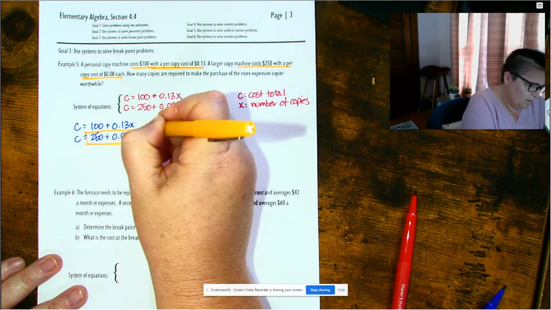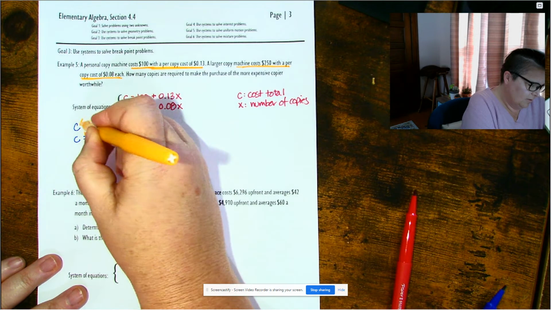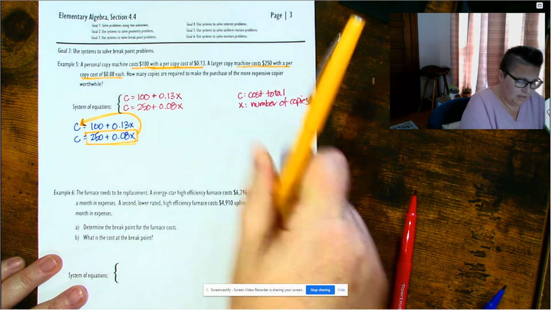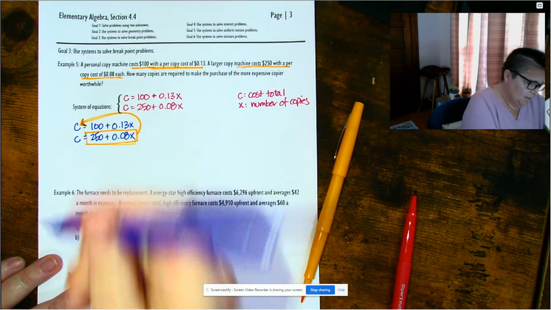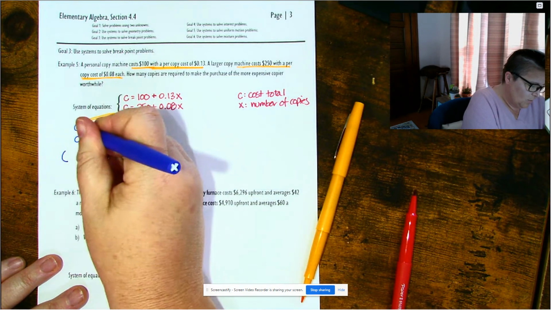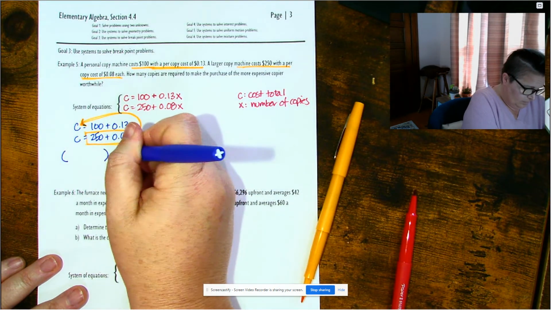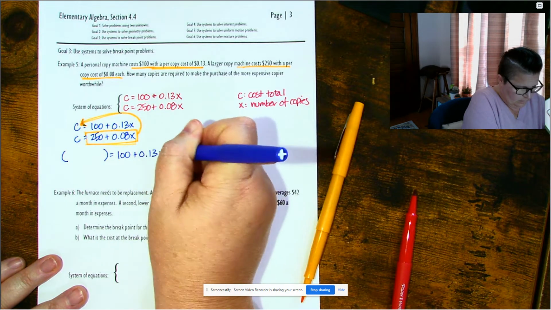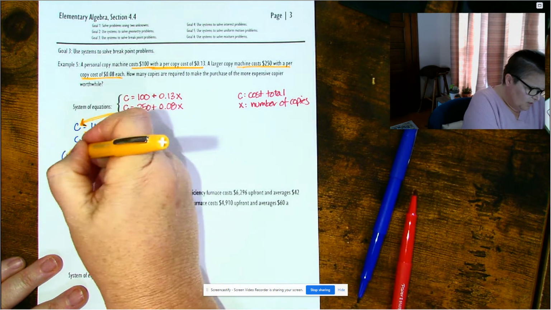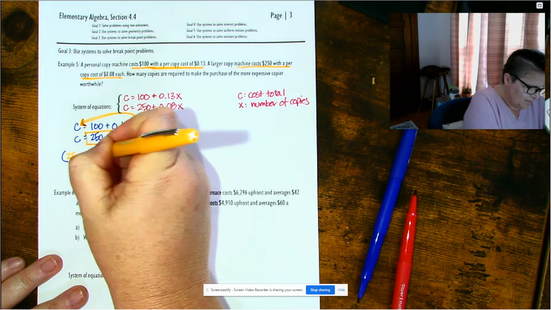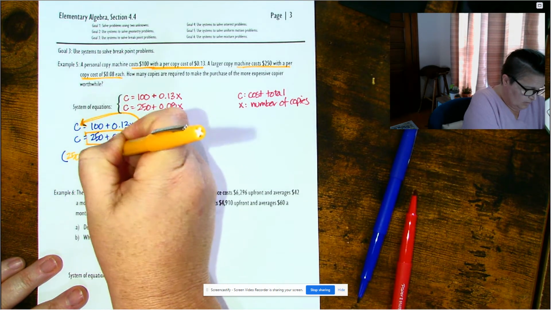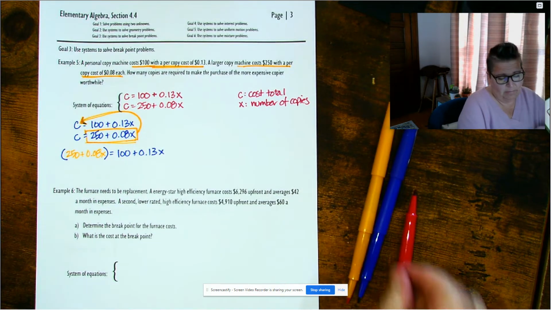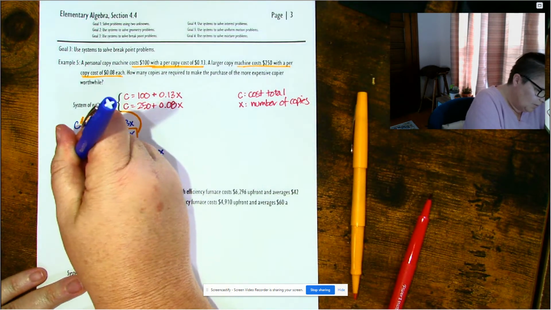And I'm going to put all of this in for this cost in the other equation. I'm trying to find the breakpoint. So I am trying to find the point when the costs are equal. So I want to know when 250 plus 8 cents a copy is going to be the same as $100 plus 13 cents a copy. It makes a little bit of sense here.